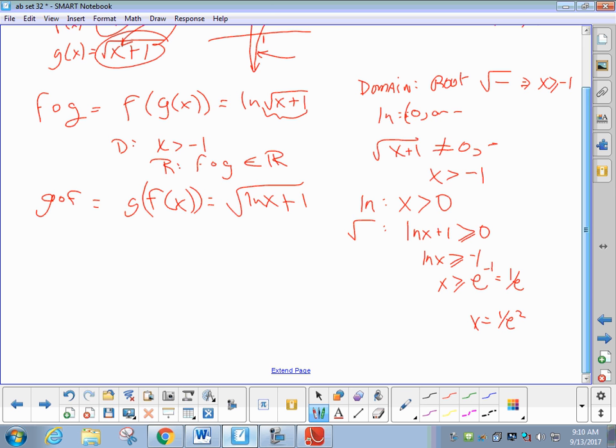So that's how this is working here. x has to be greater than or equal to 1 over e, because that's going to make this negative 1 or more and make it all cool. So your domain is rather difficult. x must be greater than or equal to e to the negative 1, or 1 over e, because that's going to satisfy both conditions, positive in the log, but also positive or 0 in the root.